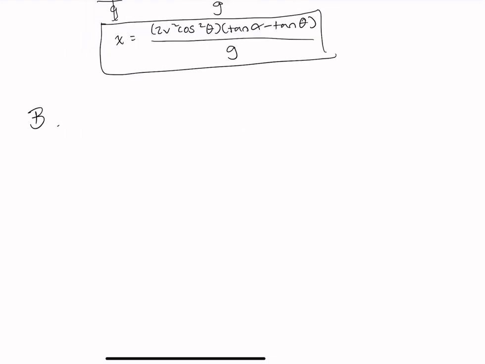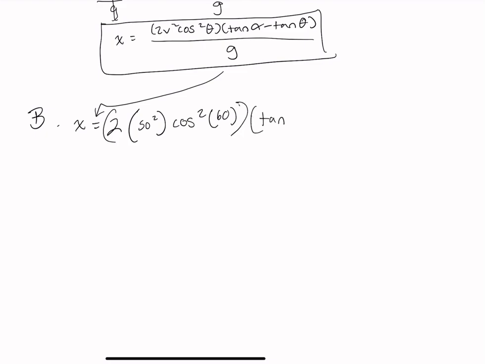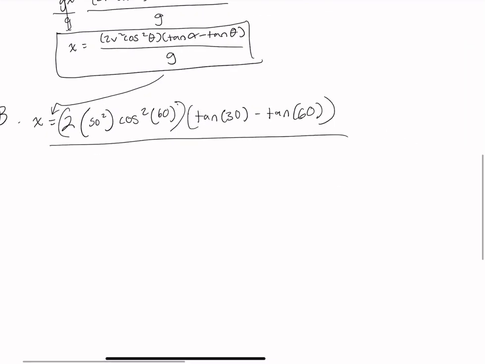Okay, now that we've proven that this equation is correct and we want to solve for x, we can just plug in the appropriate values using this equation. x equals 2 times v, which is 50, squared, times cosine squared of theta, which is 60, times tangent of alpha, which is 30, minus tangent of theta, which is 60, all over negative 9.8, because g equals negative 9.8.